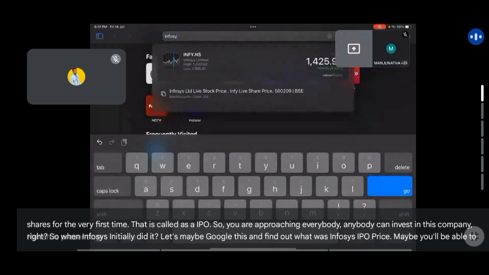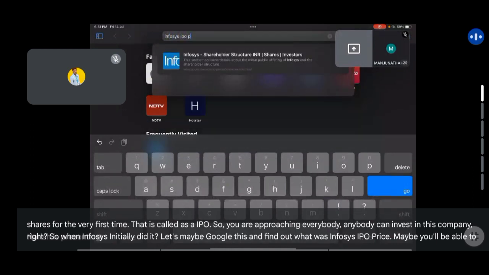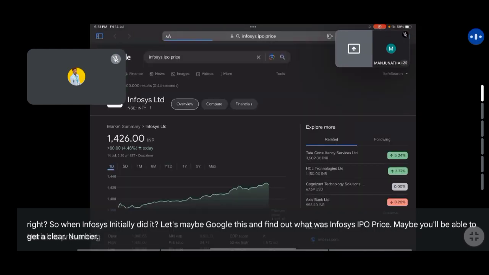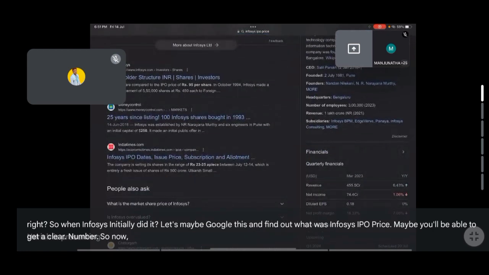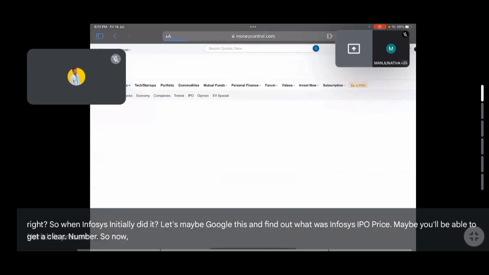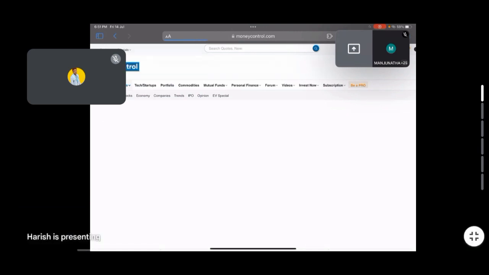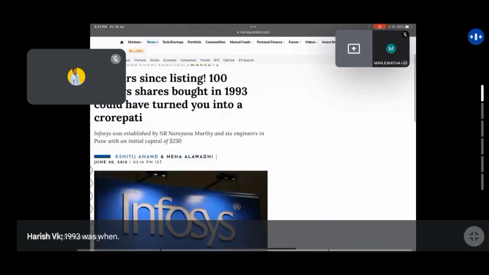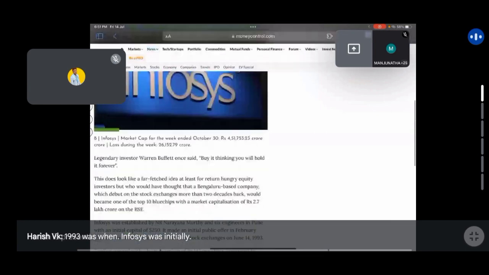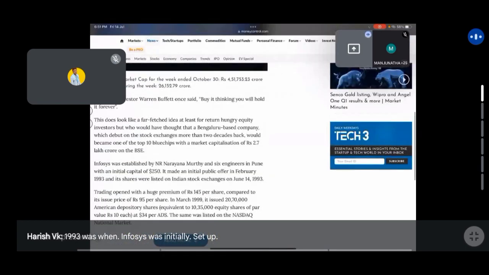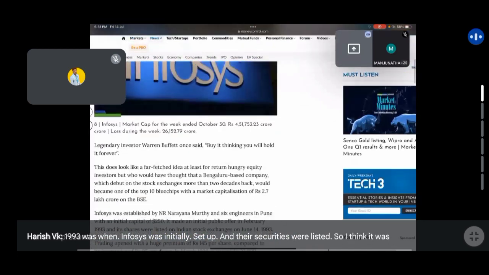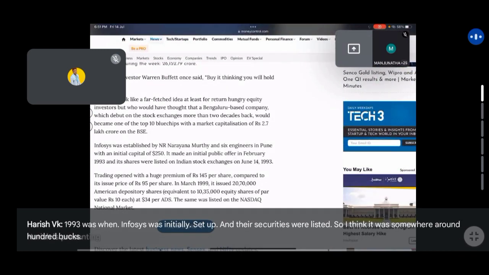Maybe you'll be able to get a clear number. 1993 was when Infosys was initially set up and their securities were listed. So I think it was somewhere around 100.